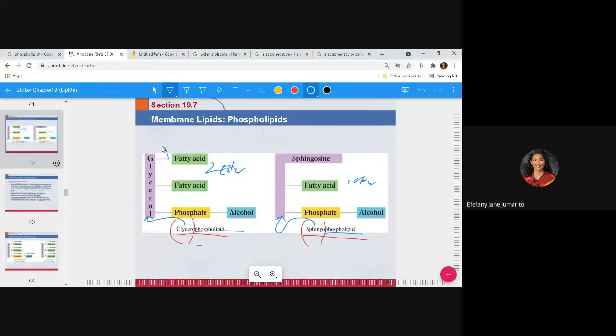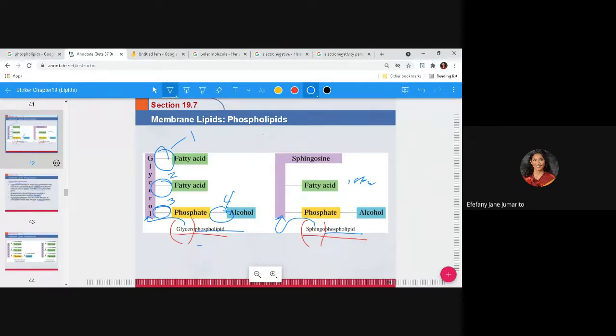So this is an ester linkage. One, ester linkage. Two, ester linkage. Then your phosphate and your glycerol, we have three, ester linkage. Four. Do you see that one? So in your glycerophospholipid, we have four ester linkages.